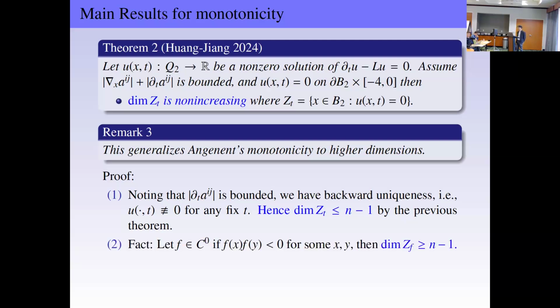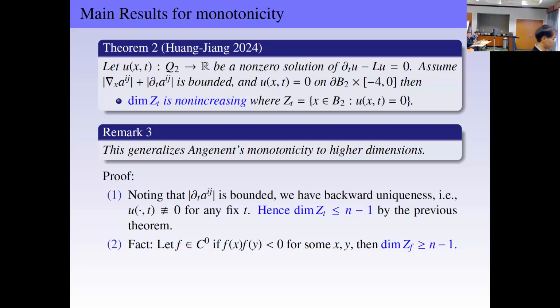Another fact is that for any continuous function, if this function changes sign, that means there are some points x and y such that f(x) is greater than 0 and f(y) is less than 0. One can very easily prove that the dimension of the nodal set is actually bigger than or equal to n minus 1. Actually, I can draw a picture here.